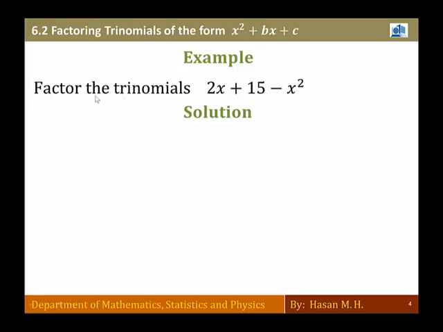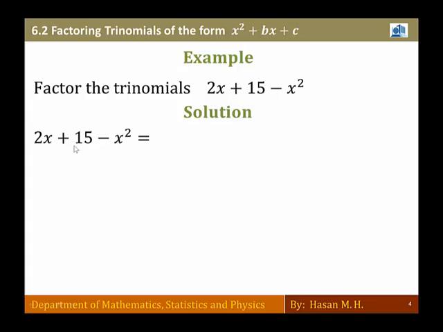Example: factor the trinomial 2x plus 15 minus x squared. First, you need to rearrange the terms so that the trinomial is written in descending powers of x.